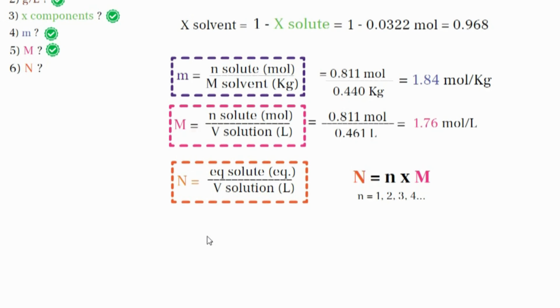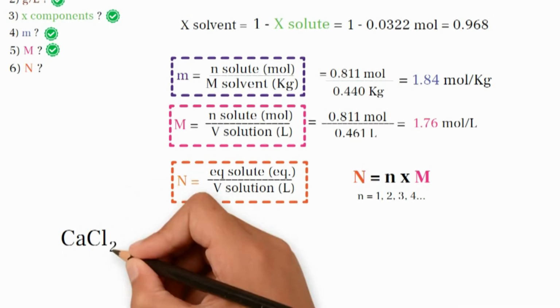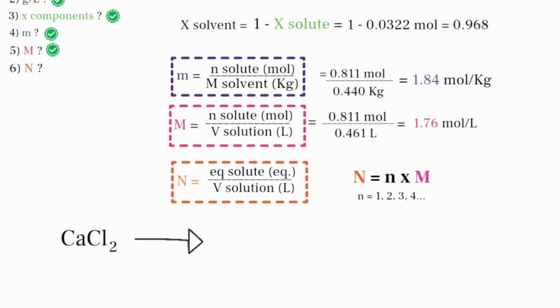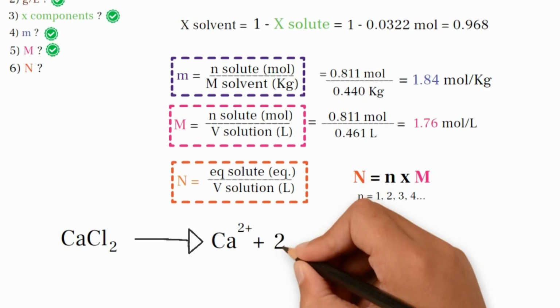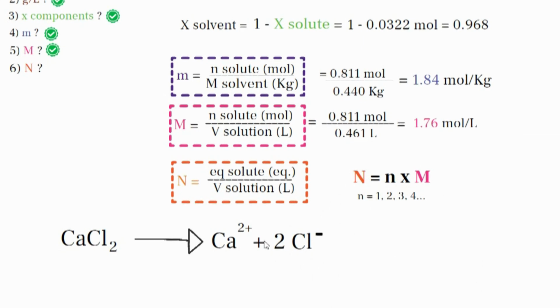Our solute is calcium chloride. Now calcium chloride in solution gives rise to calcium cation, which is 2+, plus chloride anion, which is minus. But we have 2 chloride anions, so it's 2 minus here and 2 plus here.